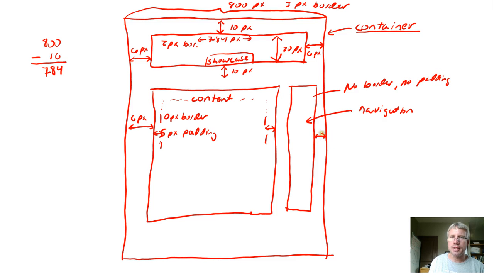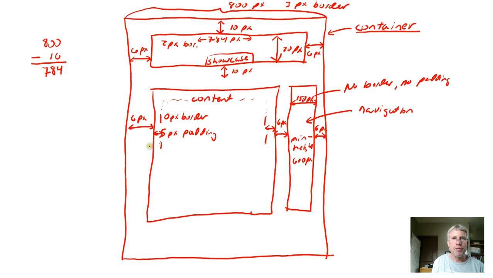And then I want to get 6 pixels of space between everything. And I want to make him 150 pixels wide, and let's do a min height of, let's say, 600 pixels. We might adjust that later. You sketch in some widths and then you adjust things as you go.